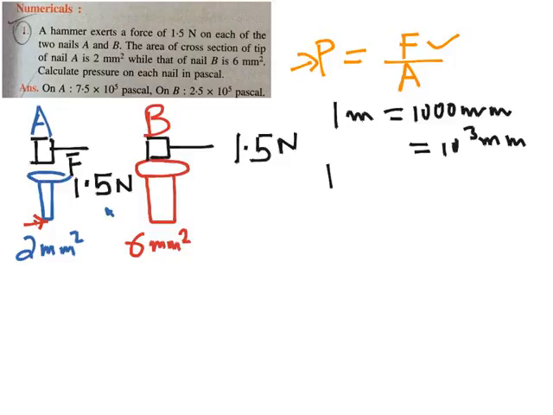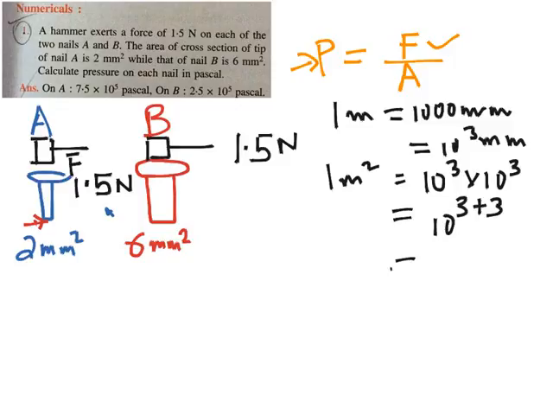So if you use square, 1 meter square is 10 to the power 3 into 10 to the power 3. For indices we have learned that the powers get added up. So 10 to the power 3 into 10 to the power 3 will be nothing but 10 to the power 3 plus 3, that is 10 to the power 6 millimeter square.